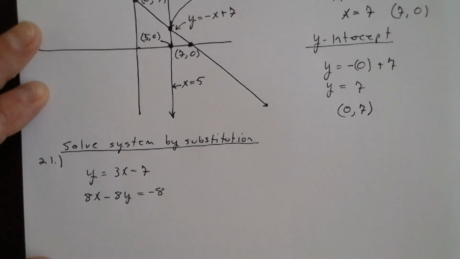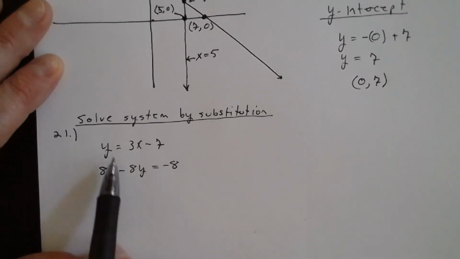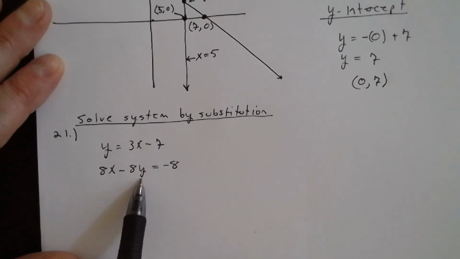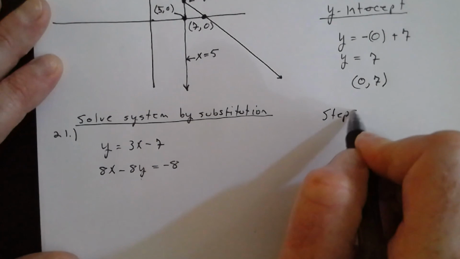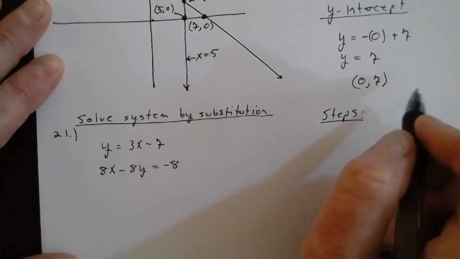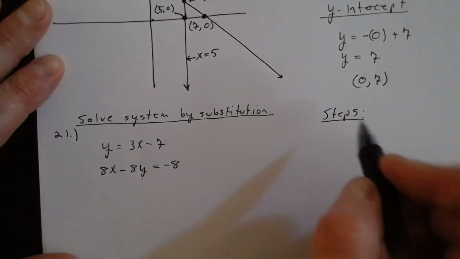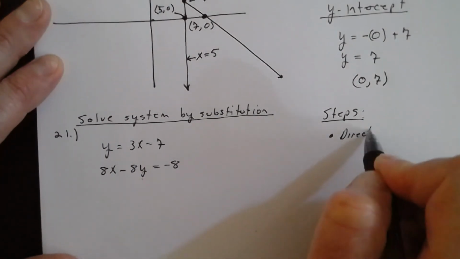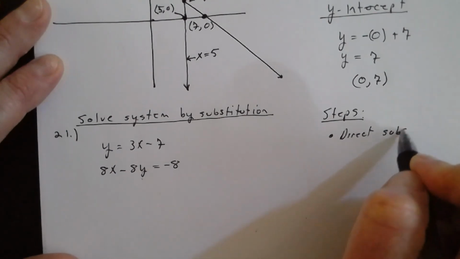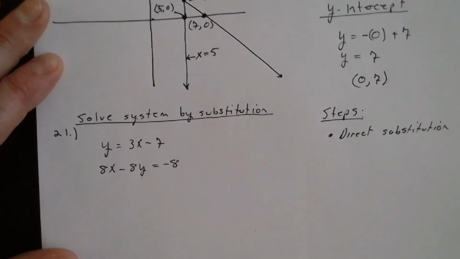8x minus 8y is equal to -8, and we're going to substitute. Now, do you think we want to substitute this one into the bottom one? The top into the bottom? Yep. This is already set up for us to just do a direct substitution. Okay, so we're going to do a direct substitution.